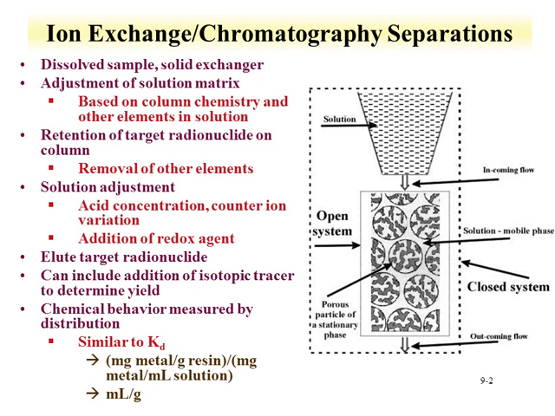And the chemical behavior of your metal ion on the column is measured by distribution. You can think of this as very similar to the distribution coefficient. In a column system, one could look at the column volumes needed to elute the metal ion, or if you did a distribution, you could talk about grams of material, or some unit mass of material, per unit volume of solution.